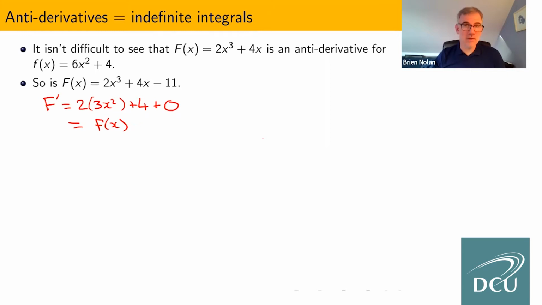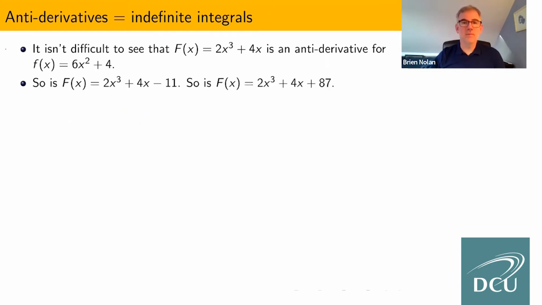So there's another antiderivative. When I differentiate this function capital F, I get little f of x. You can perhaps see the difference between them: it's just that there's a constant number there. Well, there's a 0 in the first one.